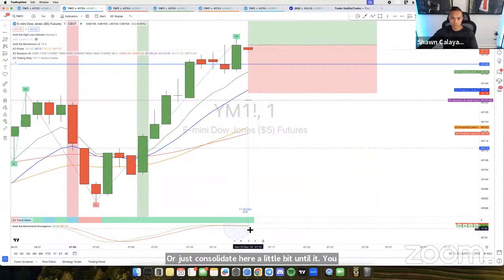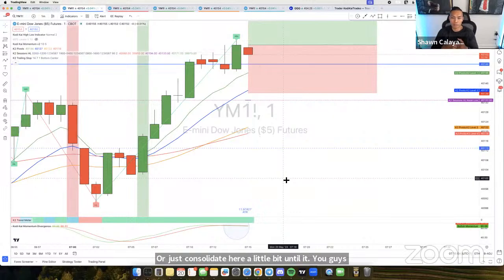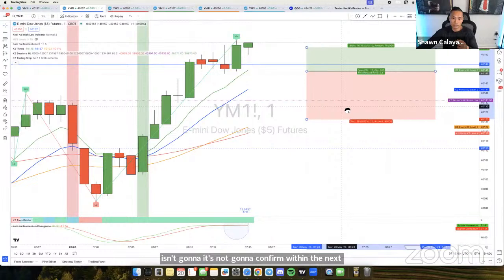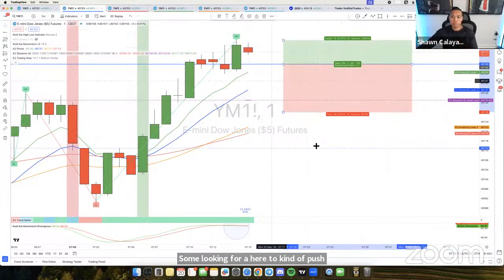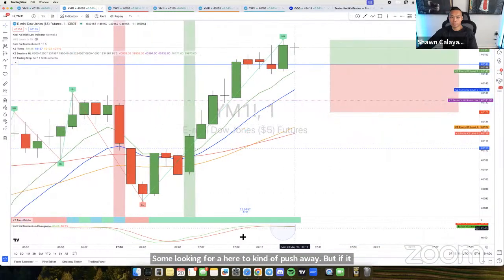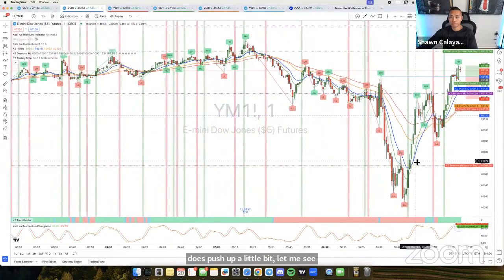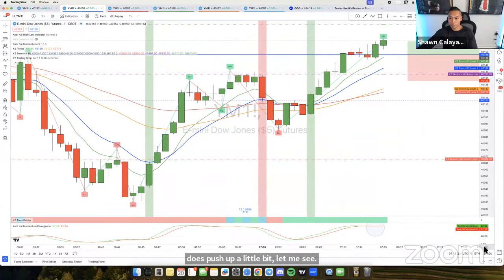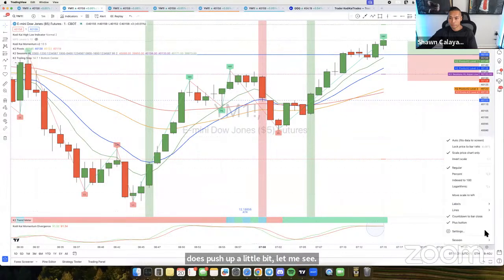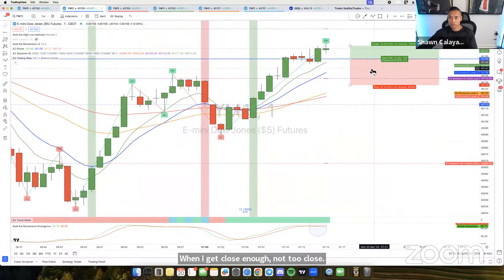Because you can see the divergence here, it's not going to confirm within the next candle or so. So I'm looking for it here to kind of push away. But if it does push up a little bit, let me see. I want to get close enough, but not too close to be able to see this here.